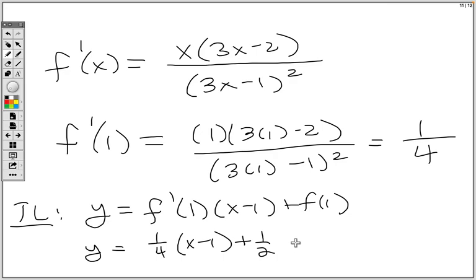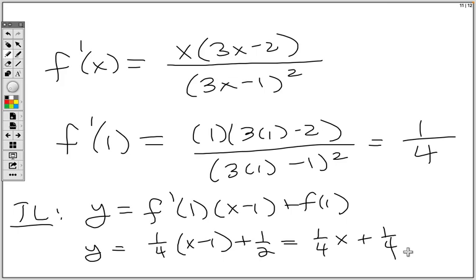Now, once again, it's up to you. There's advantages to leaving the tangent line like this, as we'll see in the next chapter. But you can simplify this if you want. So you can simplify this to a quarter x minus a quarter plus a half. So it's a quarter x plus a quarter.